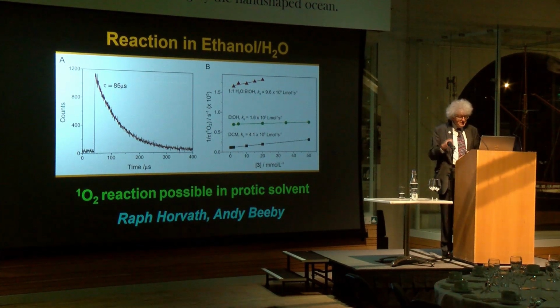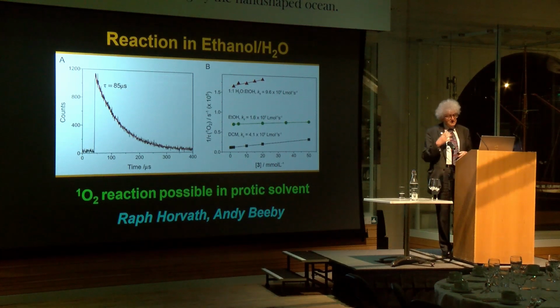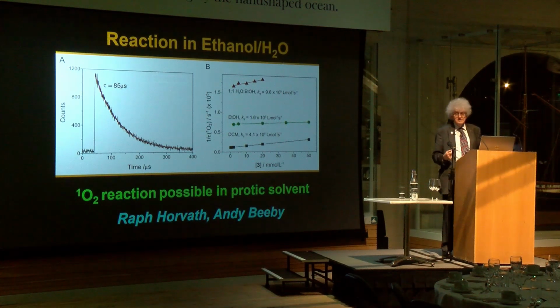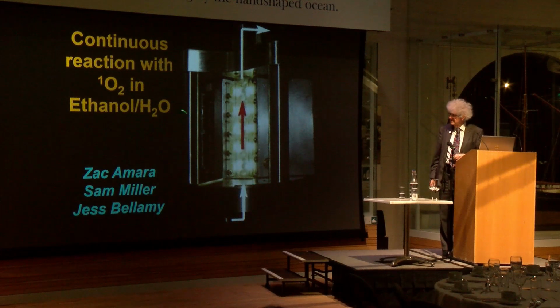But it turned out, because our reactions were being done in a very concentrated solution, that actually the reaction went faster in ethanol and water than it did in either pure ethanol or in dichloromethane. So we got quite excited, and we repurposed our high-pressure reactor, so this time we could just flow ethanol, water, and oxygen up through it, and tried the experiment.